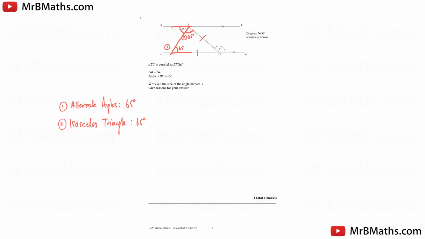Now I know in a triangle the angles must all add up to 180. So for 3, which would be here, I could do 180, take away 65, take away 65, which will give me 50. So 3 is 50.